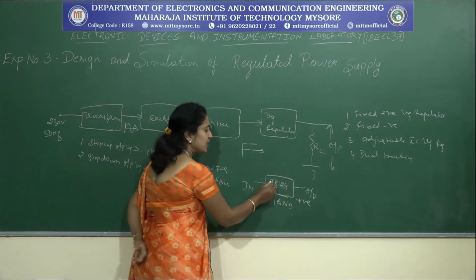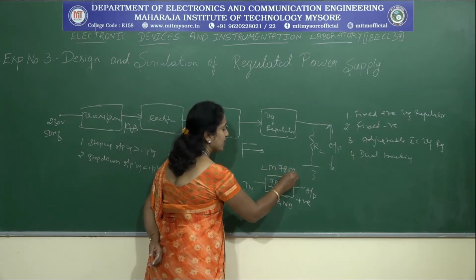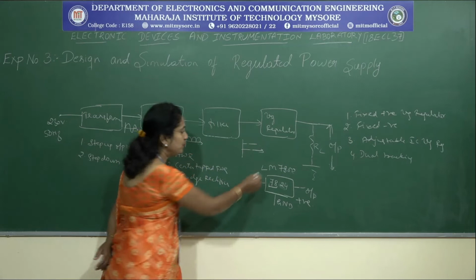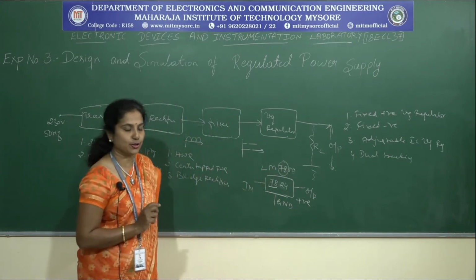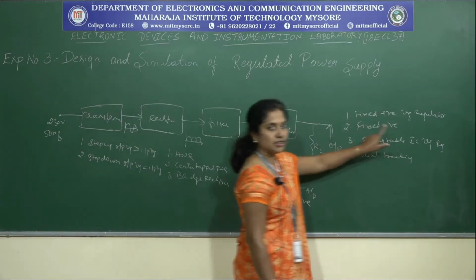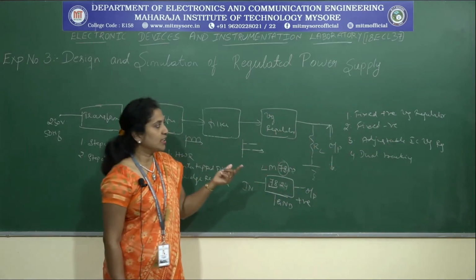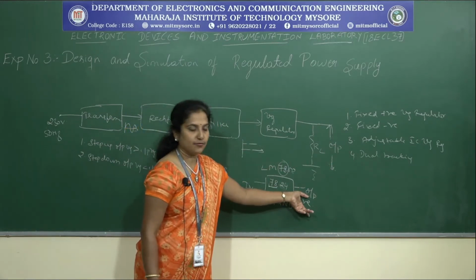Now this is usually the LM78 series. L means linear, M means monolithic. I already told you the 78 series means fixed positive voltage. In the fixed negative voltage regulator, you get the negative output voltage here.